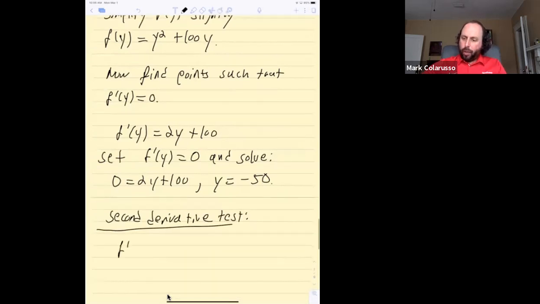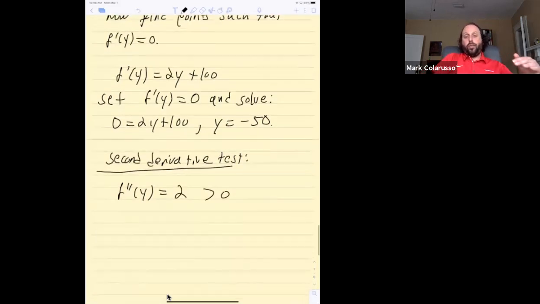So f double prime at y is... where did f prime go? Oh, there it is. It's just 2, which is always positive, right? So the graph is bending up always. And so this point you found where the first derivative is 0 is a min, which is what we wanted.